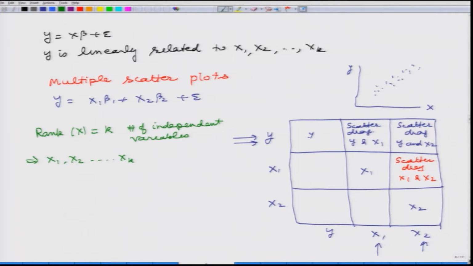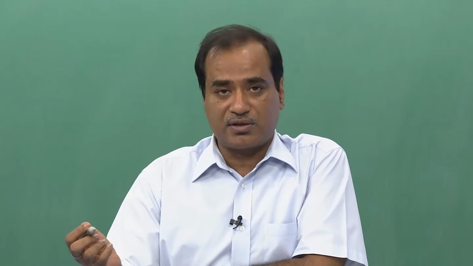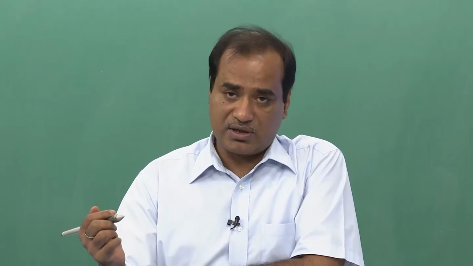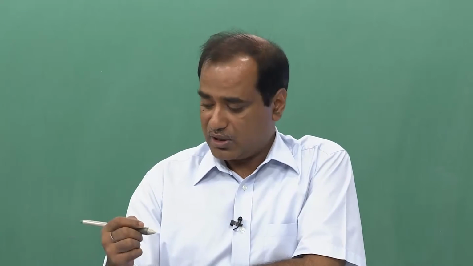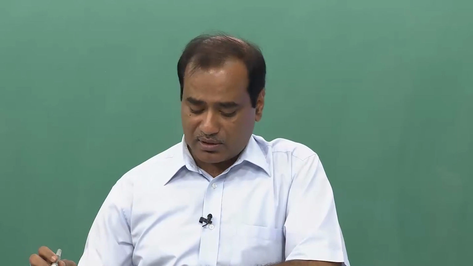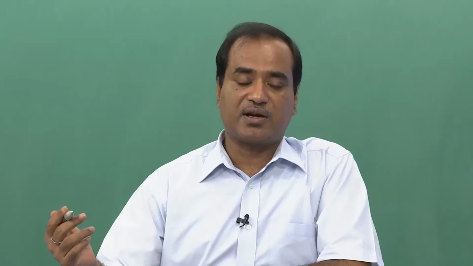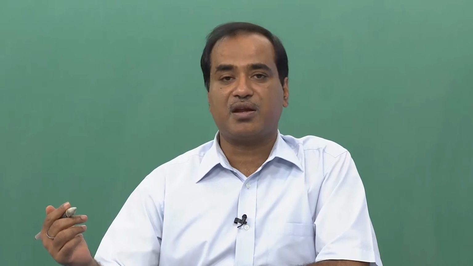So, we need to ensure, before we go for any linear regression analysis, whether these assumptions are verified or not. This multiple scatter diagram will help us in diagnosing the issue, for example, in this case whether x1 and x2 are independent or not. In case we see a linear trend or any other type of relationship, that would indicate that x1 and x2 are not independent.